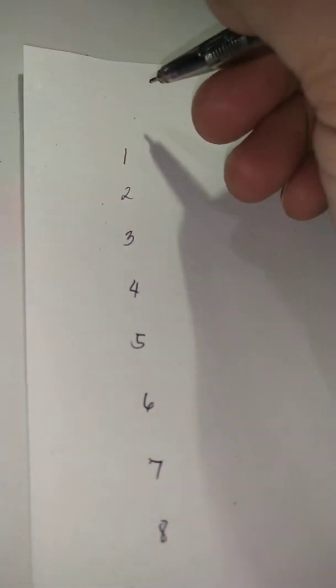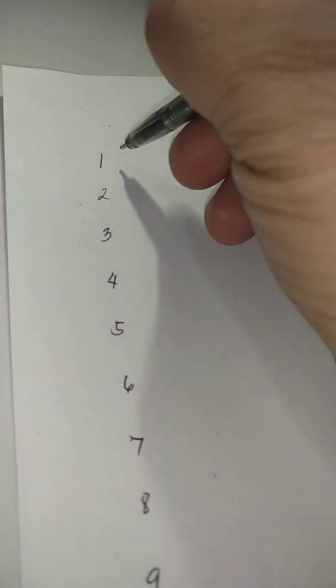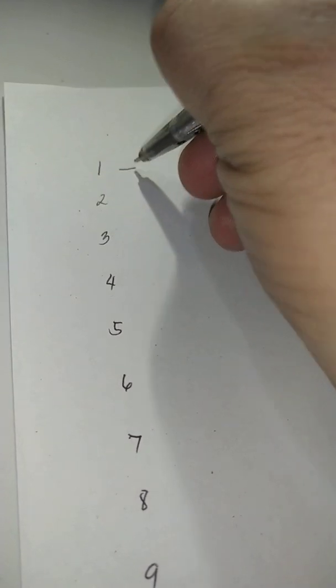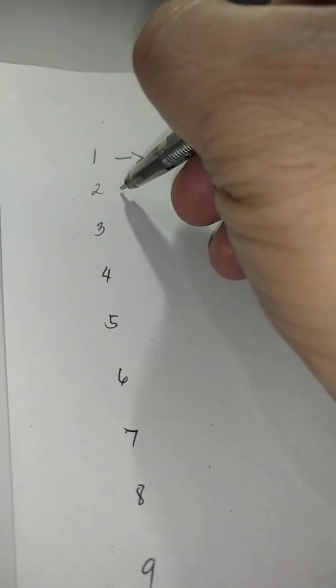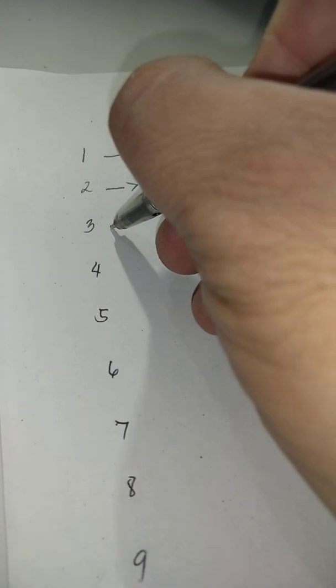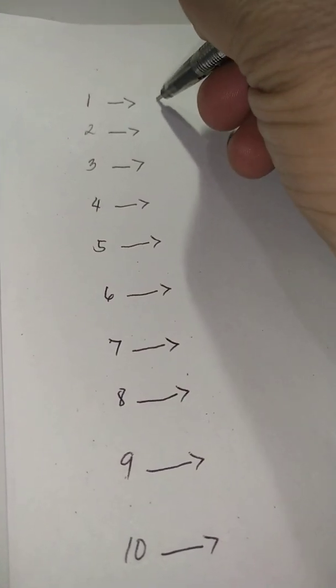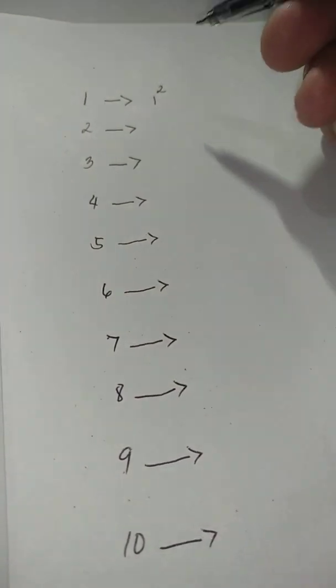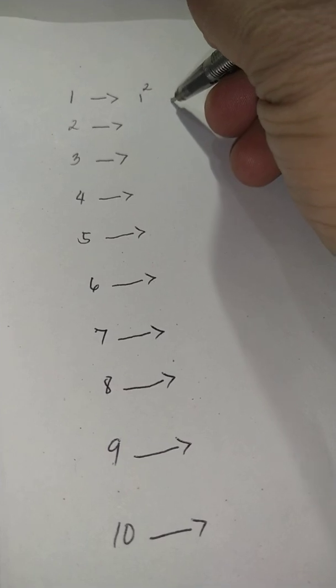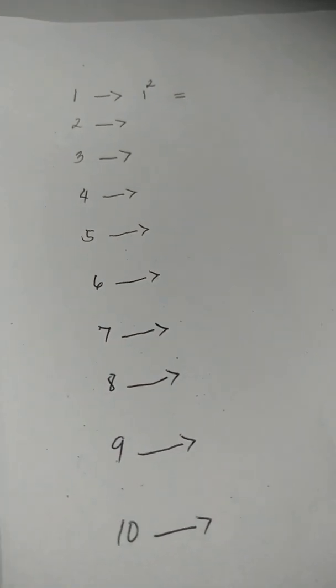Okay. What will happen if we get the square of these numbers? For example, we get the square of 1. What is the square of 1?